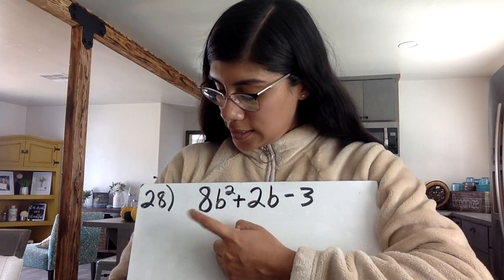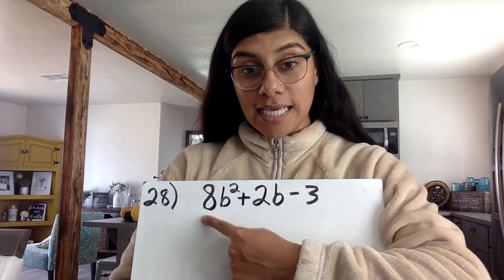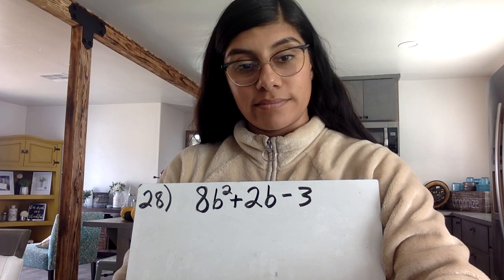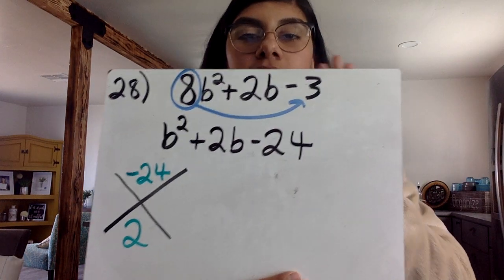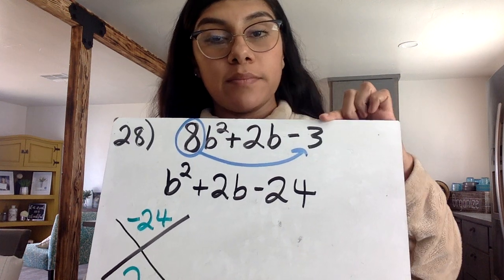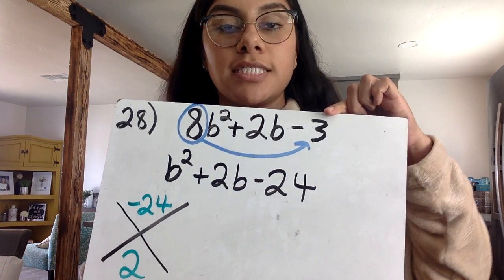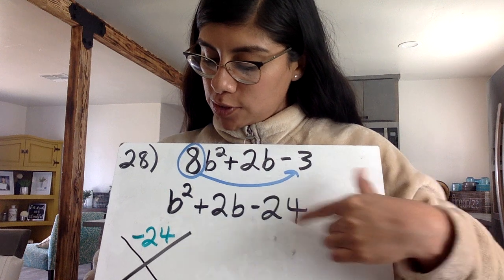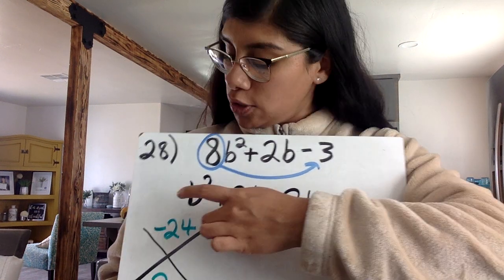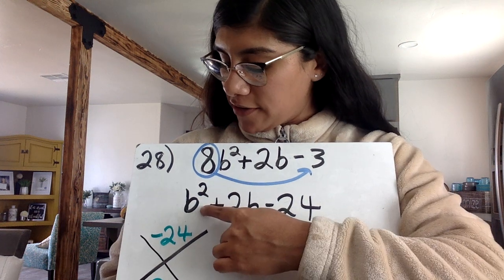This leading coefficient, let's go ahead and multiply it times the constant. And there it is. So I took this leading coefficient, multiplied it times my constant, and got a new polynomial. Look, my leading coefficient is 1 here, no other number in front of my first term.